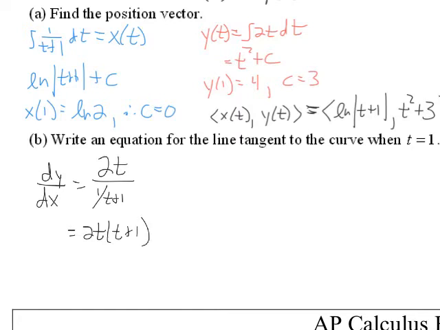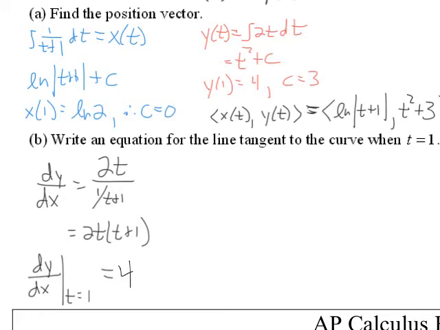And at time 1, the slope of our line would be equal to 2 times 1 times 1 plus 1. That comes to a value of 4. So our slope at that time for the tangent line is 4.